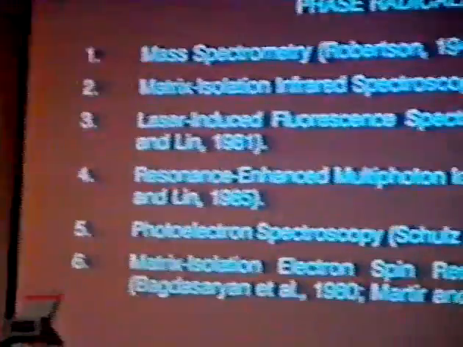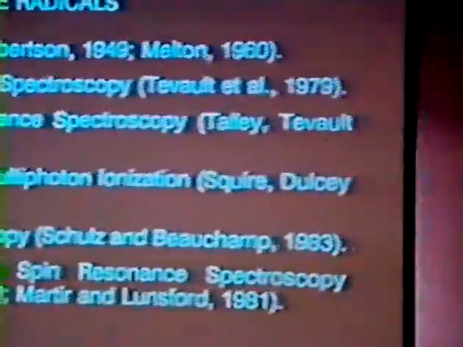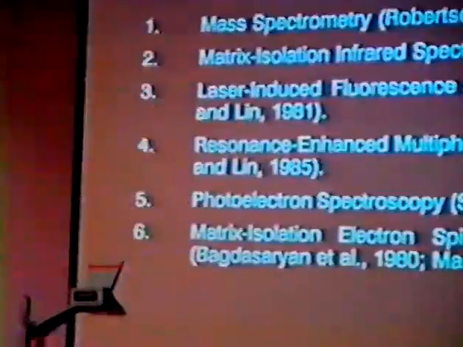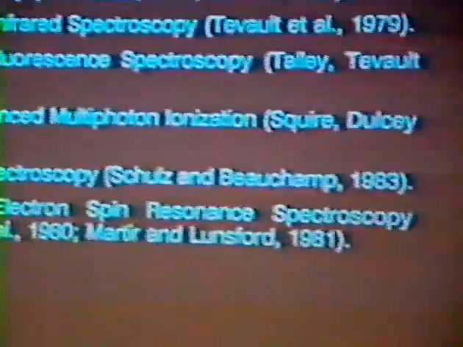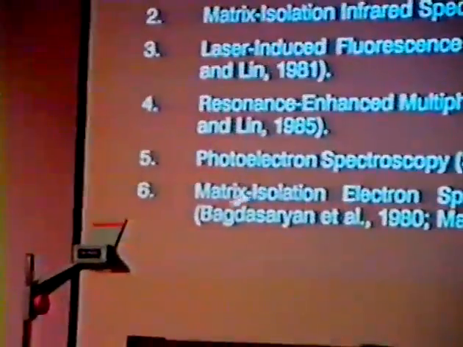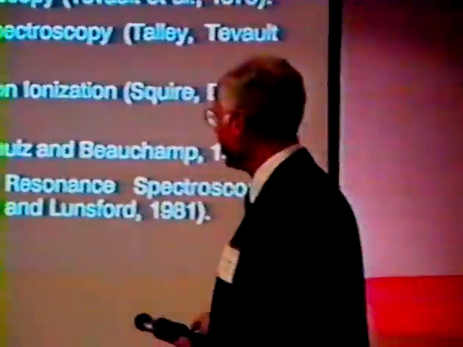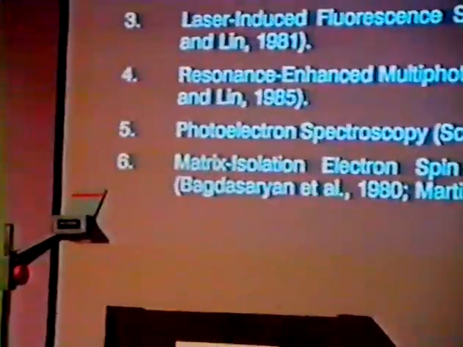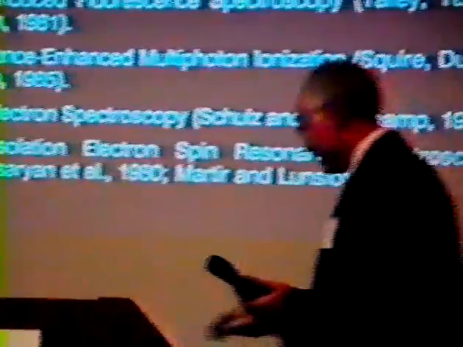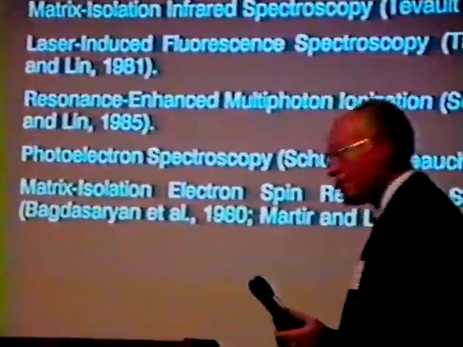Laser-induced fluorescence spectroscopy and its cousin, resonance-enhanced multiphoton ionization techniques, have been used. Photoelectron spectroscopy has been used, and finally, the technique that has been our choice has been what we call matrix isolation electron spin resonance spectroscopy. And we'll go to the next slide, please.